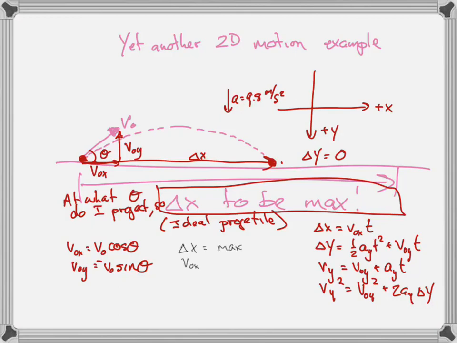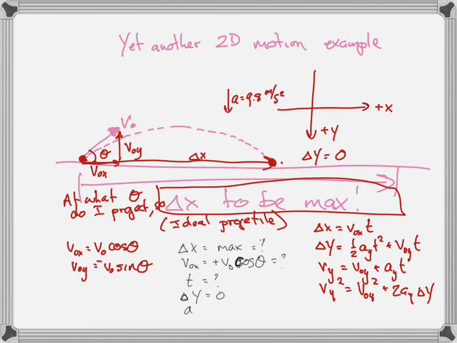V0x, we don't know. But since we need to know the angle, we are going to need to write it as V0 cosine theta. T, I'm going through all the variables in the equation. T is an unknown, V0. So all these are unknowns currently. T, and delta y is equal to 0.